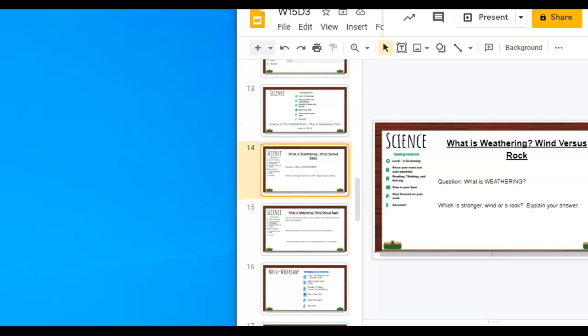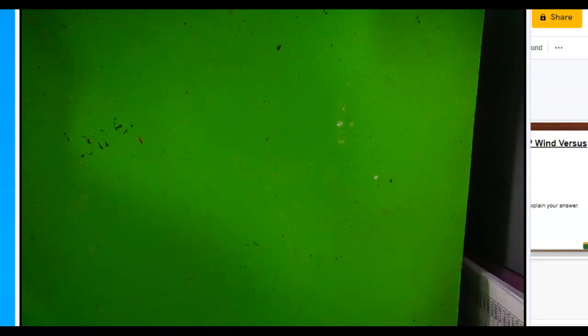But the first thing you see on your lab is, you don't want to see my coffee cup. The first thing you see on the lab, I'm going to have to go back and forth. That's going to be the only way to do this. The first thing you see on the lab is, what is weathering, right?